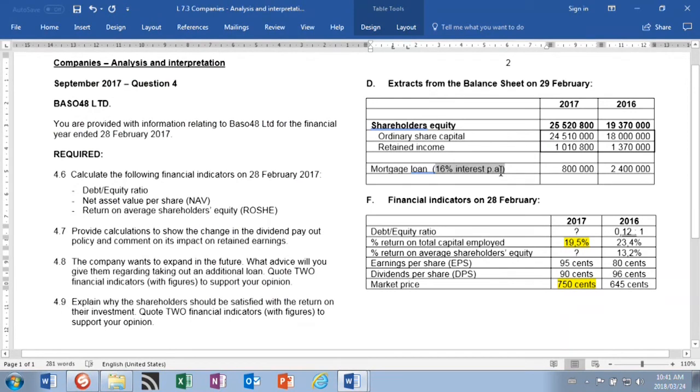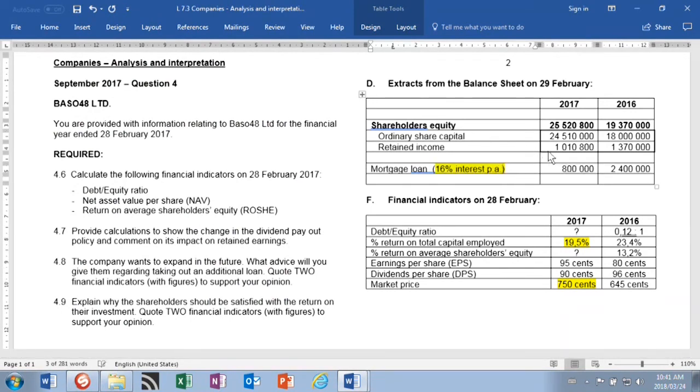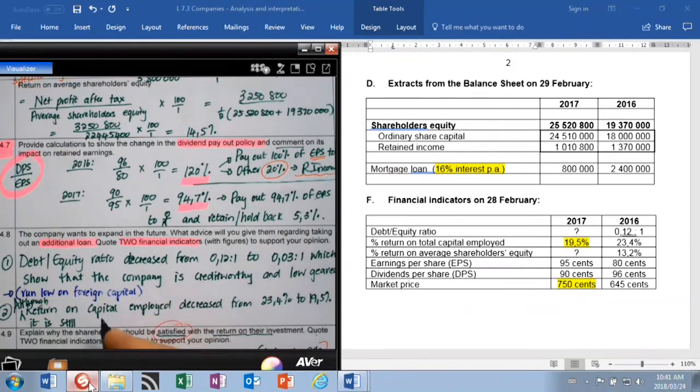And you compare it to your interest on loan. You compare it to your interest on loan. It is still higher than the 16% interest on loan.